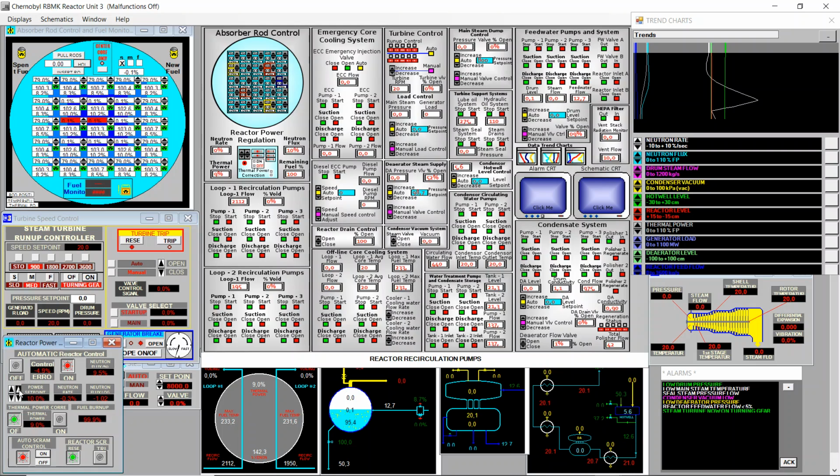So I will increase now to 15%. This is just to accelerate the procedure. You are supposed to keep this at 10% during the heating of the drum and increasing the pressure of the main steam line.